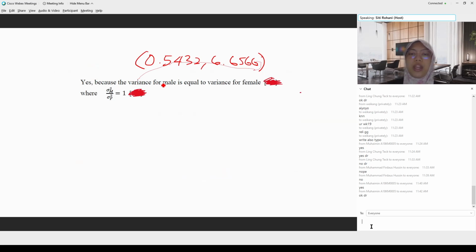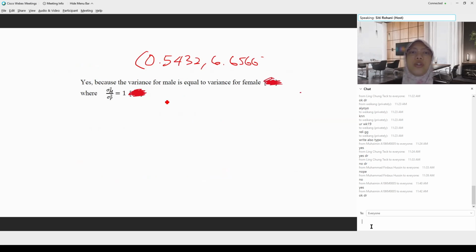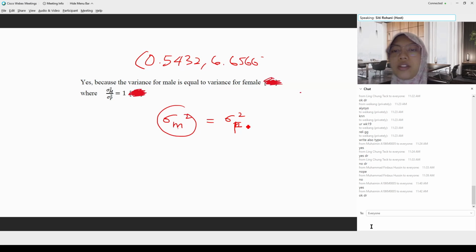Then the question asks you whether the variance of time spent by both genders are equal. So, for example, if we have the male and the female here, if the variance of both male and female is the same, then the variance of male should be equal to the variance of female, right? So here variance of male divided by the variance of female is equal to 1.